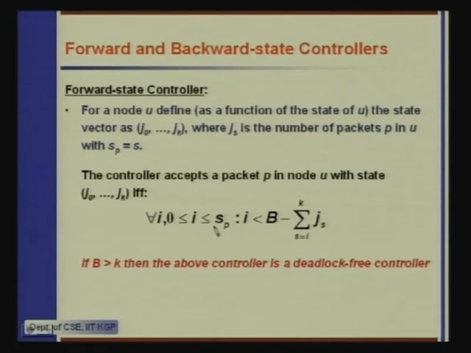SP has the same meaning as whatever we have been discussing from the beginning of the class, it is the same SP. Yeah, this requirement has to be satisfied for all I from 0 through SP.